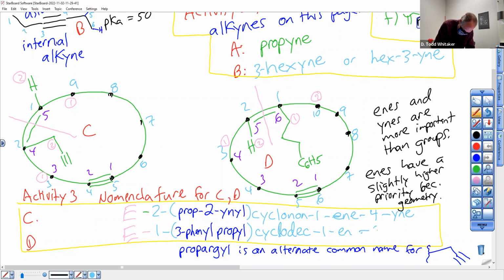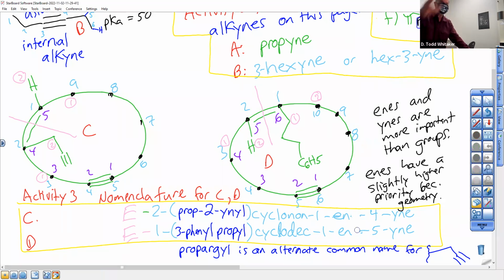And then 5-yne. Now, if you do this on a test and you leave this E here, I'm not going to do a thing. I might just scribble it out. You will not lose any points. But it's not the end of a word. And just like in English, some words that are not at the end, you lose the E when you put it in the middle to make it an infix, as they say.